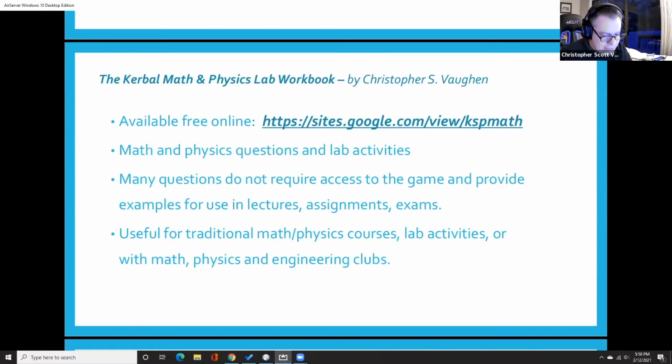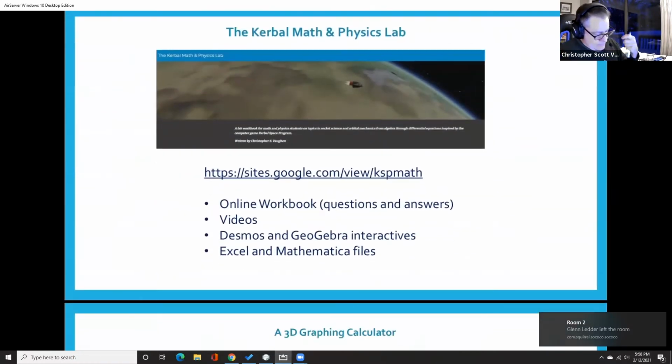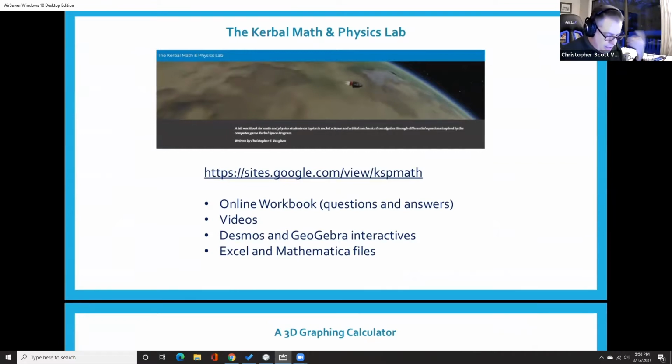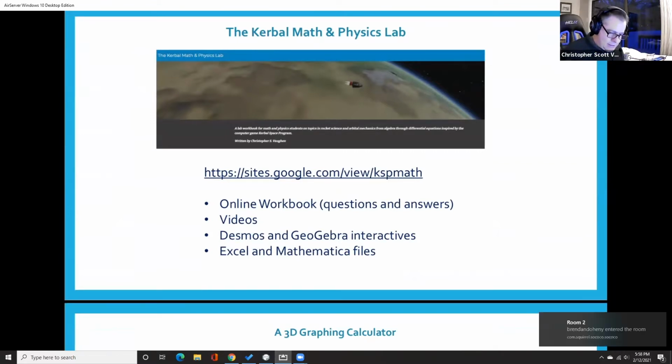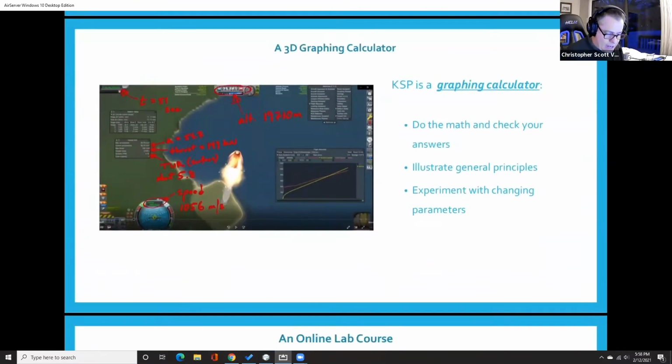It doesn't require the game, although the game is a beautiful way of illustrating these ideas. I have a bunch of videos there, and some Desmos and GeoGebra interactives. I have Excel files, and I have 1 Mathematica file for that differential equations example that I will illustrate in a minute.